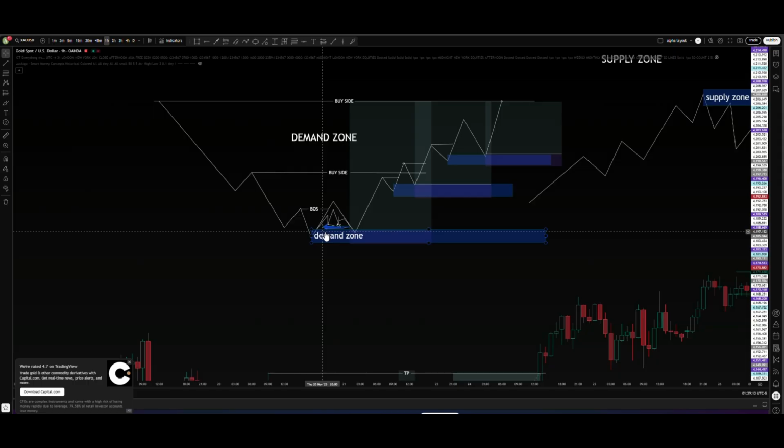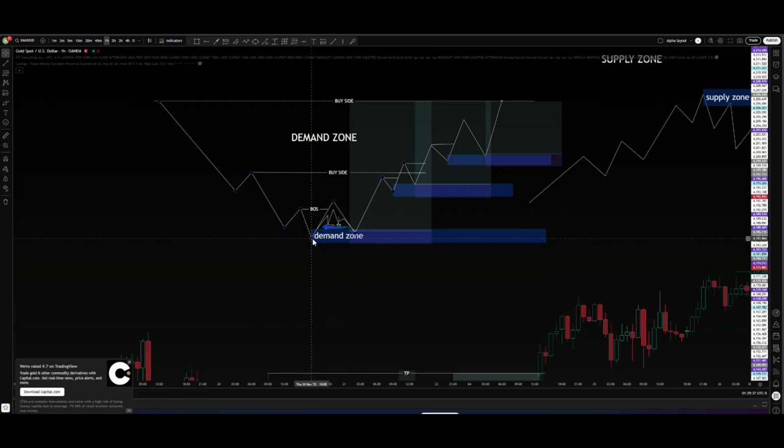Most traders chase price. Smart traders wait for the zone. Demand and supply zones show you where the price is likely to reverse. You see this downtrend here, then the price reverses from here after breaking this break of structure, where big money steps in.